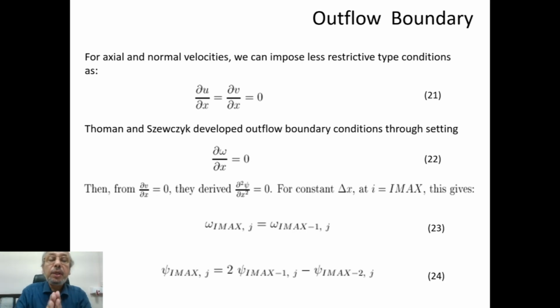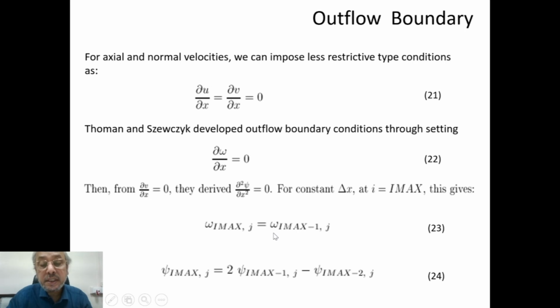So u and v will just follow what we have written for omega: I max comma j equal to I max minus 1 comma j for omega, for u, for v.